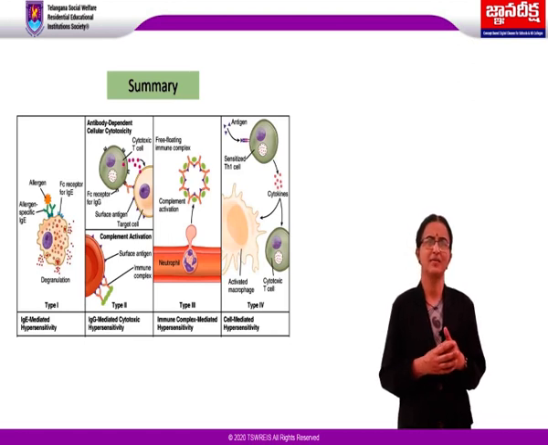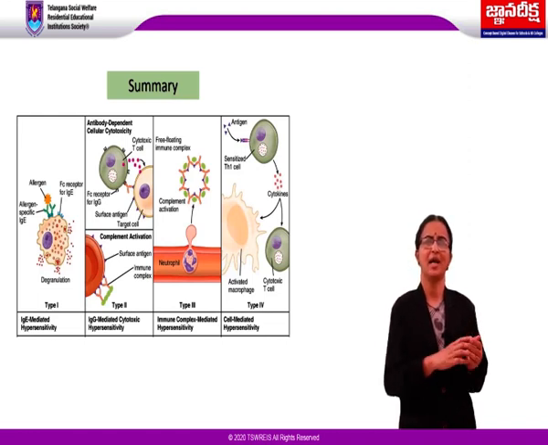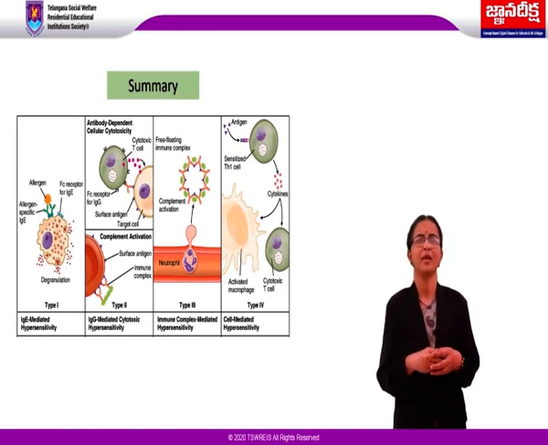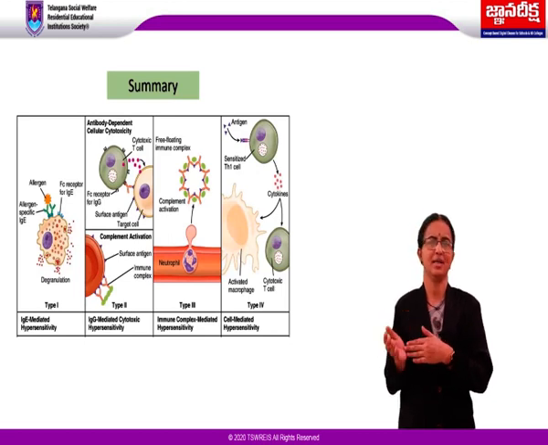Type 4 hypersensitivity is the delayed type, which occurs within 24 to 72 hours and is mediated by T helper cells. Autoimmunity is considered as type 5 hypersensitivity, in which antibodies and T cells react against a person's own antigens. After knowing the mechanisms, we have seen how to diagnose hypersensitivity.